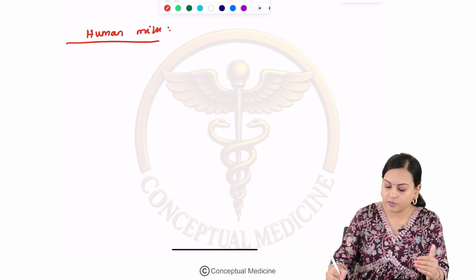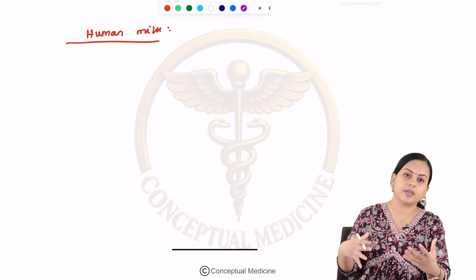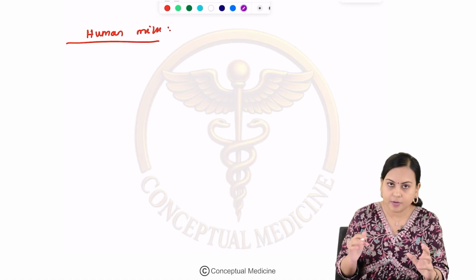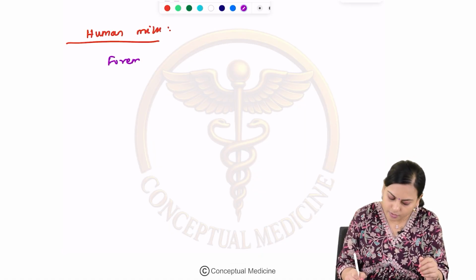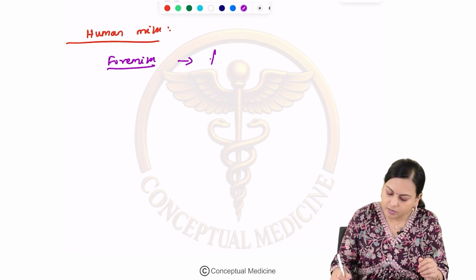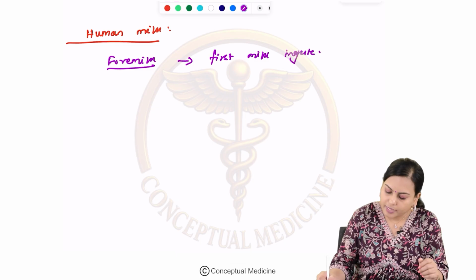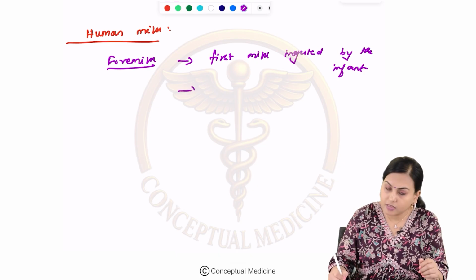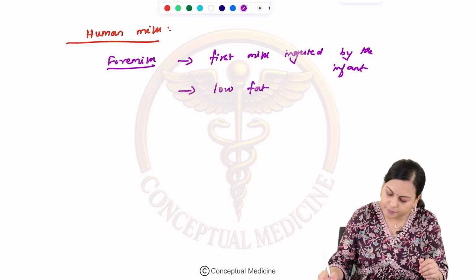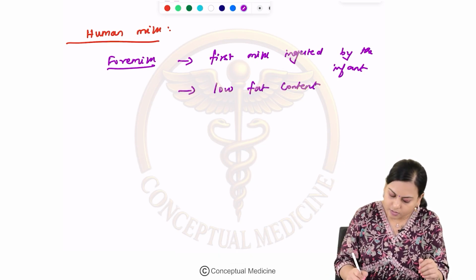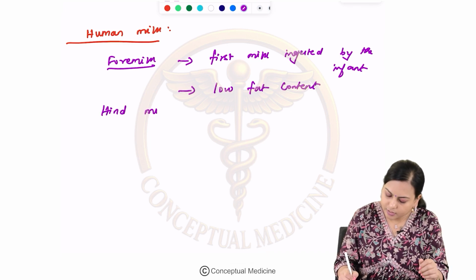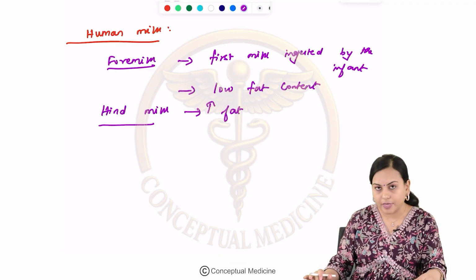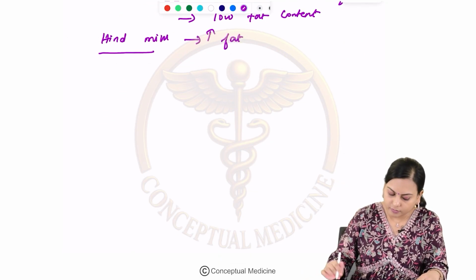Then we will see human milk. Human milk is secreted in phases while the baby is feeding. The first milk is known as foremilk, the first milk ingested by the infant, and this has a low fat content. Hindmilk consists of an increased amount of fat compared to the foremilk.